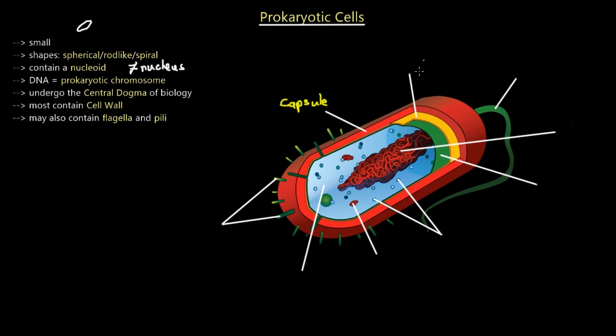Now going a little bit deeper into the next layer, this structure we have is called the cell wall, and as I've mentioned, most prokaryotic cells have cell walls, and their main function is to keep the structure of the cell intact and to protect the cell from the outside environment. And moving to the inside, the most inner structure of this outer lining would be called the plasma membrane.